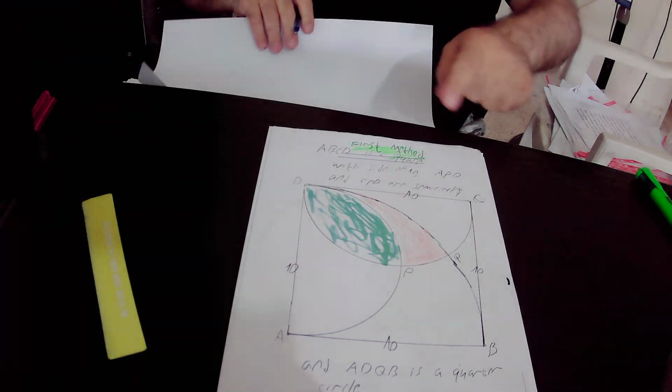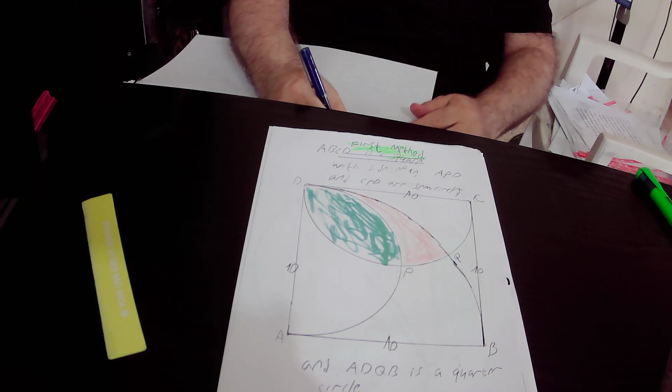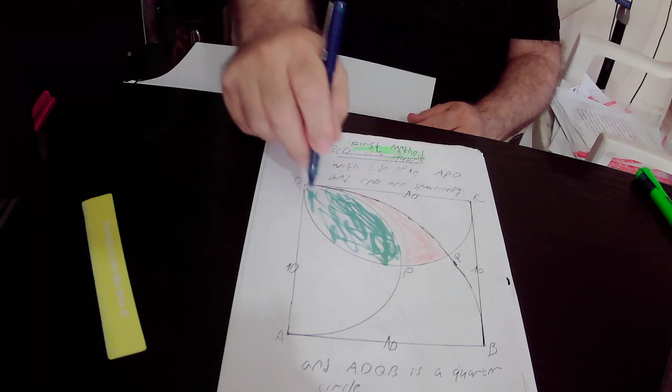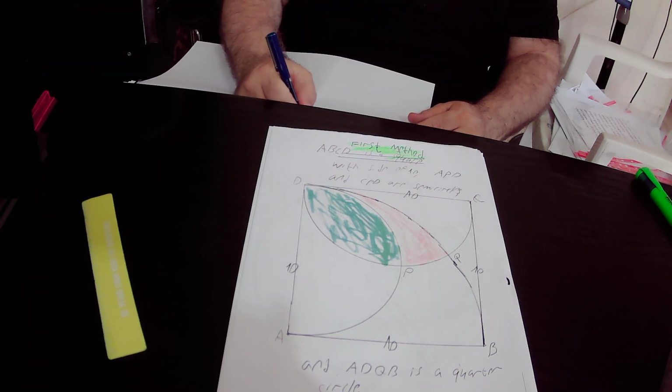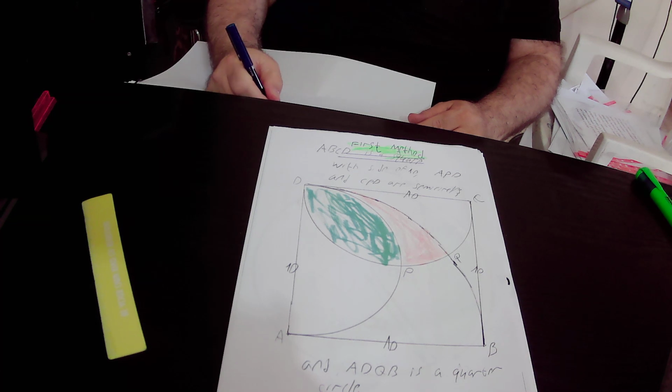The area of this orange shape equals the area of the big lens minus the area of the blue lens.